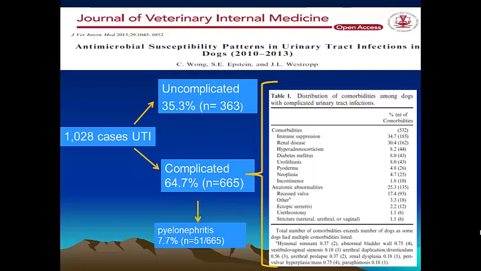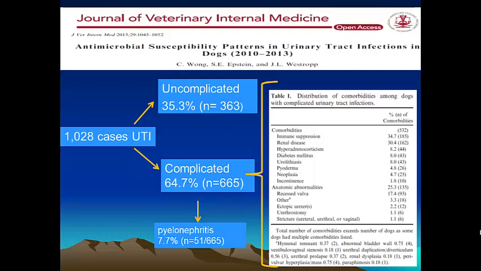Most of these dogs were referred from a primary care veterinarian, and they were diagnosed as recurrent urinary tract infections. They were obviously dogs that were also undergoing treatment for many of the conditions that are reported here.